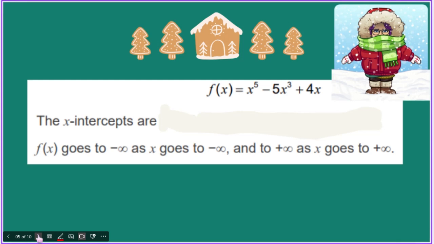All right. Here, x-intercepts means where it crosses the axis. So when we plug these into a graph, we are going to get the intercepts of negative 2, negative 1, 0, 1, and 2.